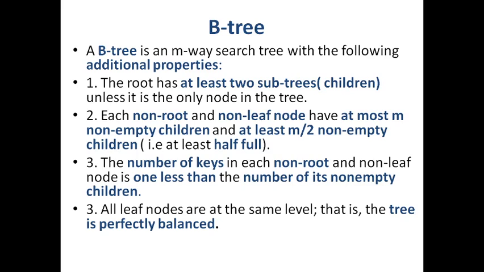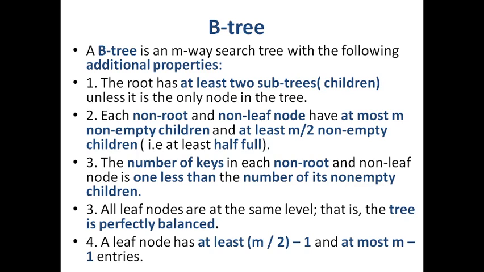This is again a new condition, that all the leaf nodes have to be at the same level, and that is what makes it a perfectly balanced tree. So a B tree is basically a balanced tree, and it is in fact perfectly balanced because all the leaf nodes have to be at the same level. Otherwise it can't be considered a B tree.